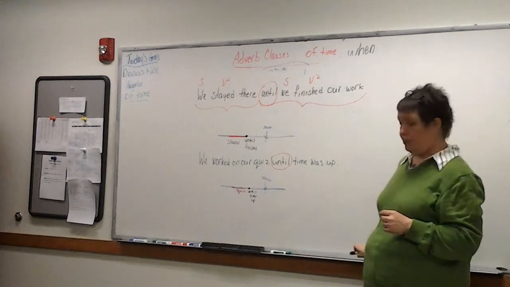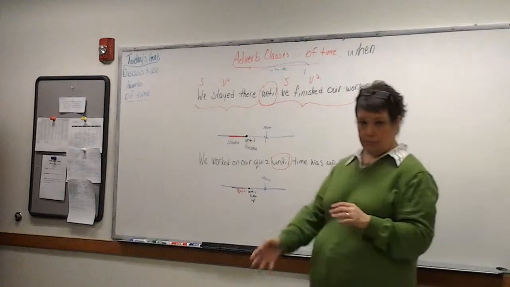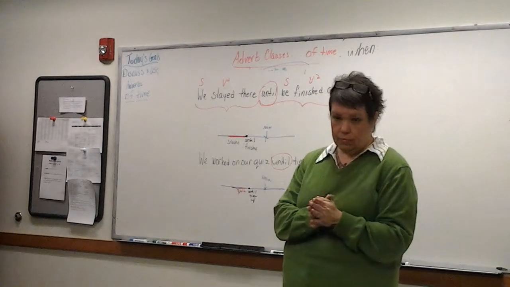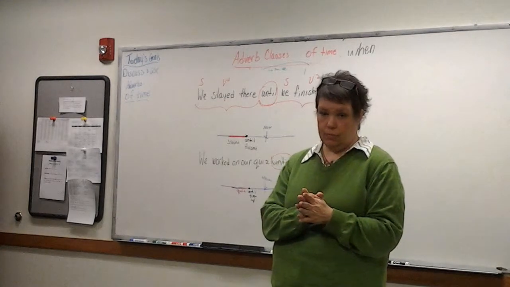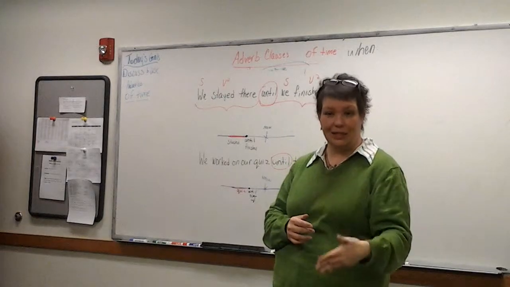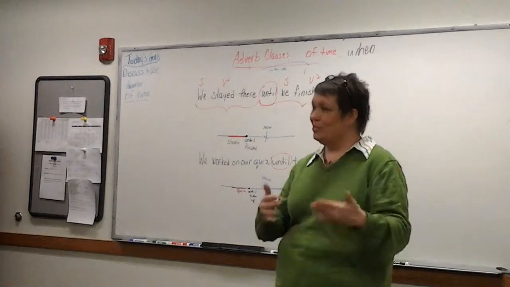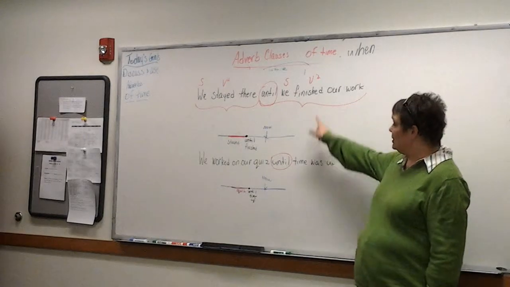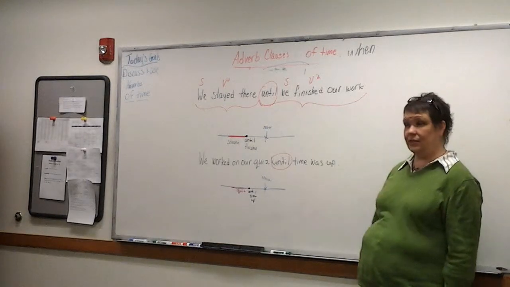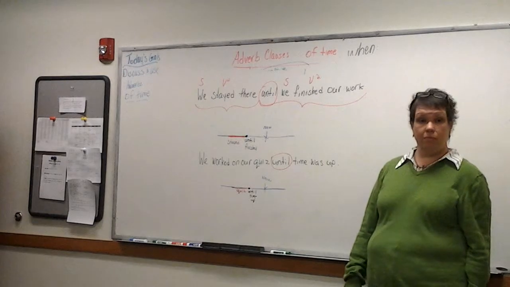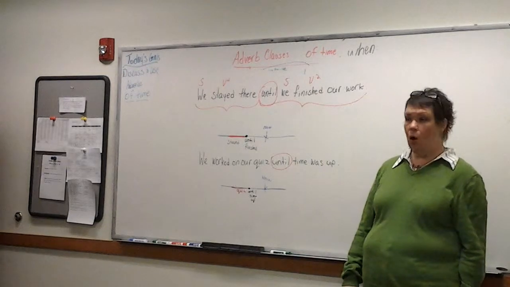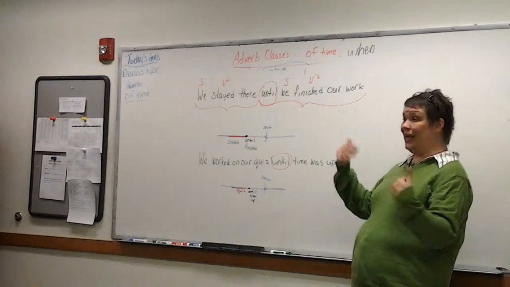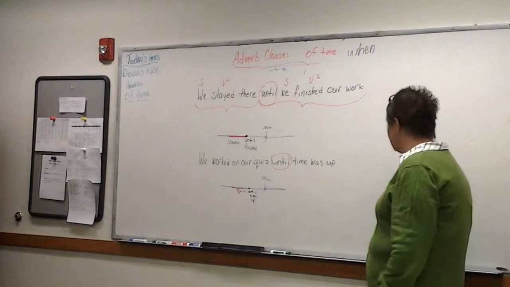I will keep trying until I pass the level, or I will keep trying till I pass the level. Now let's talk about that. Do we have to stay in the past tense with these? No, we don't have to stay in the past. We can move into the future tense with these.